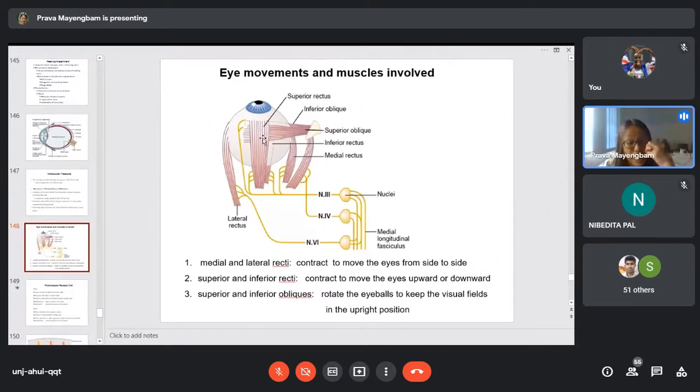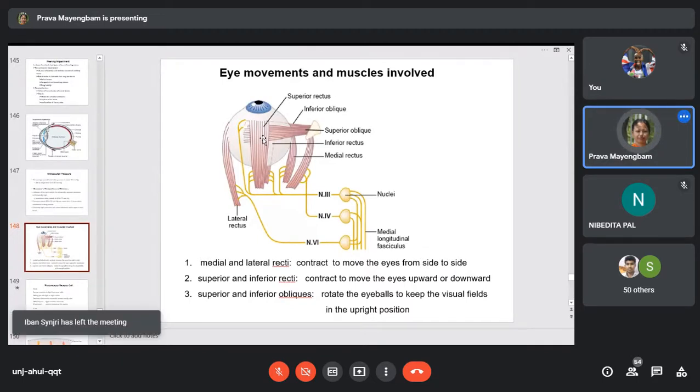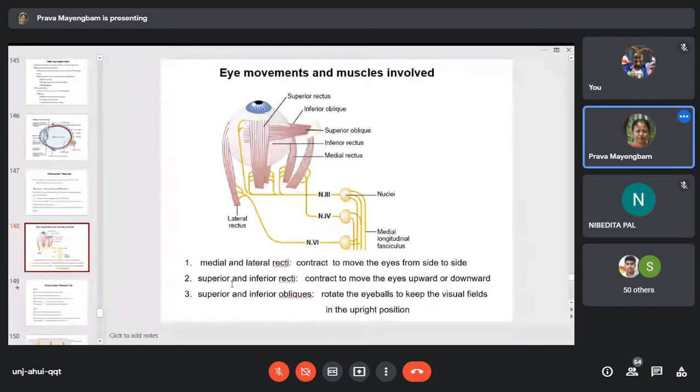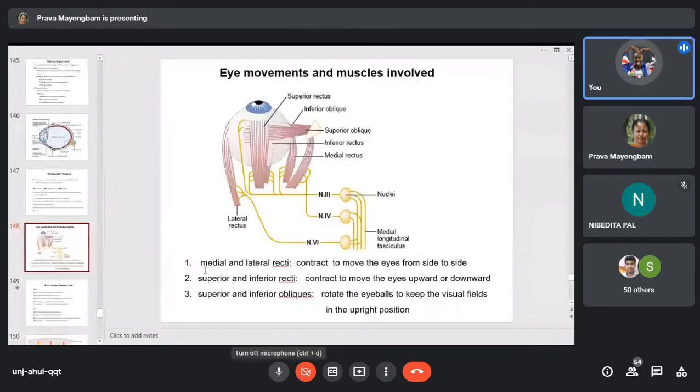First is the medial rectus and the lateral rectus.